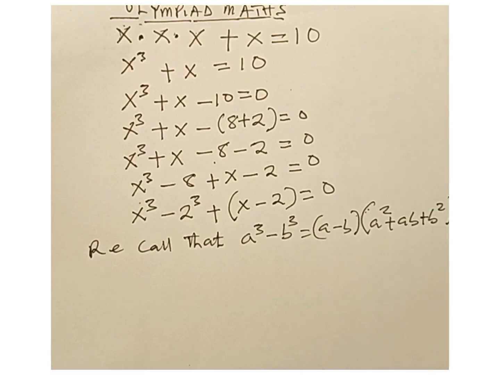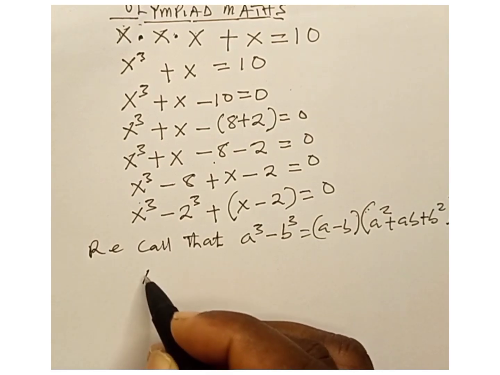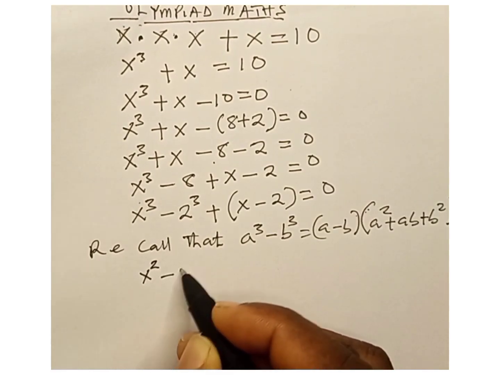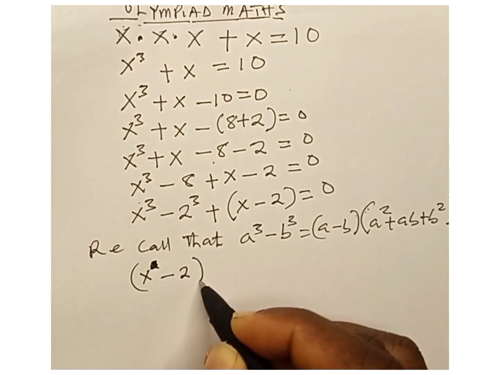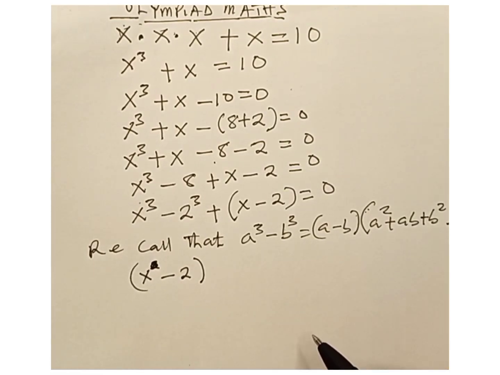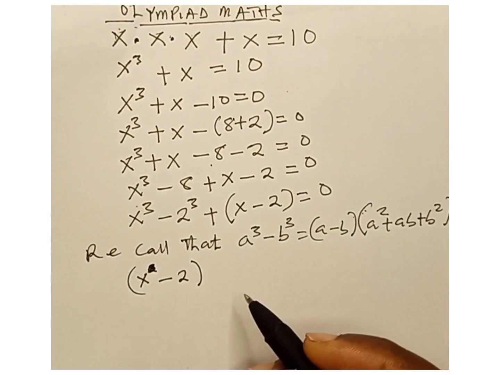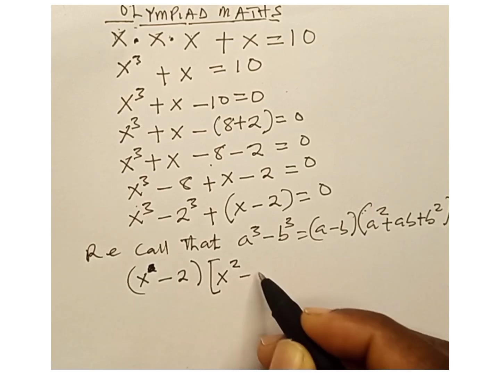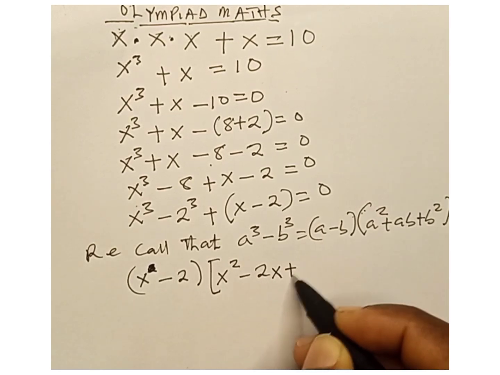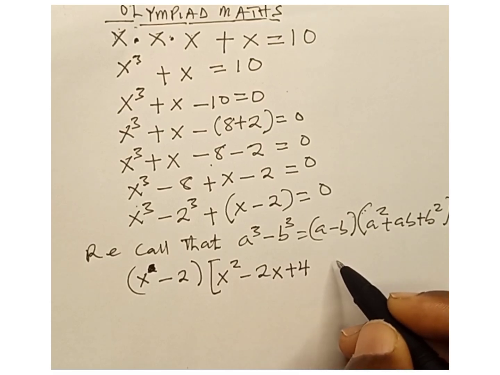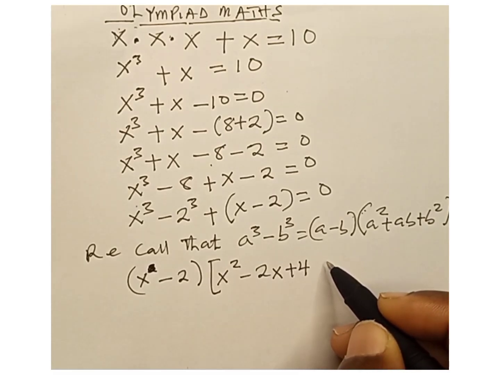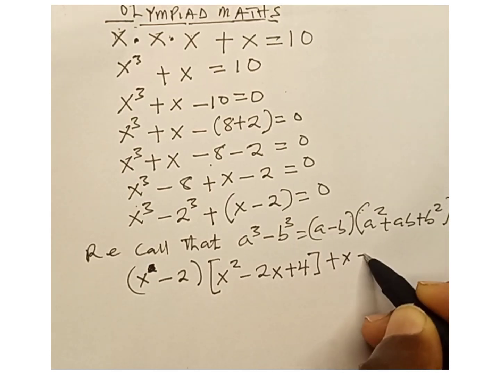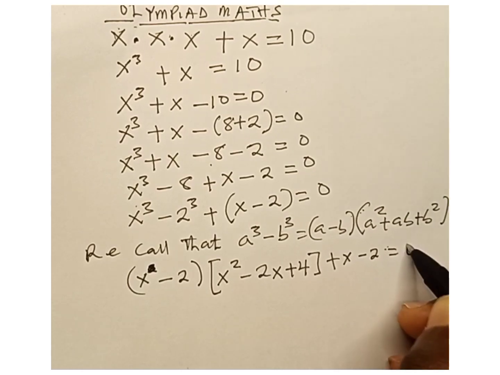So if we apply the same rule here, we are going to have x minus 2 into x square plus 2x plus 4, we close bracket, then plus x minus 2 equals to 0.